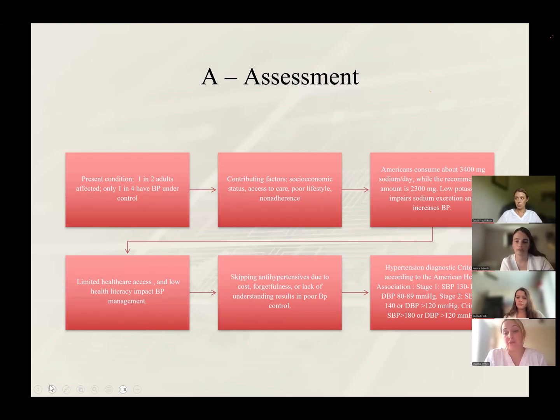And once we get to the third stage, it's irreversible and it can damage some of the organs of the body. So stage two is a systolic blood pressure of 140 or more, or diastolic of 90 or more. And the last one is the crisis blood pressure, systolic of 180 or above, or diastolic of 120 or above.